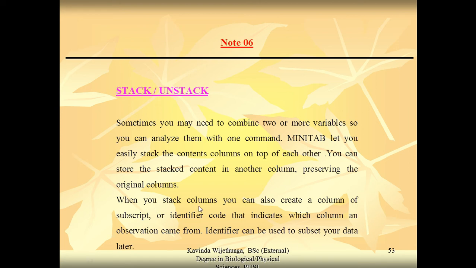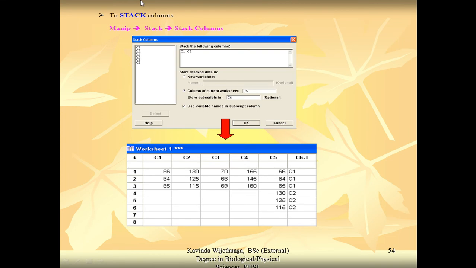When you stack the columns, you can also create a column of subscripts or identifier codes that indicates which column an observation came from. The identifier can be used to subset your data later. So then stack, you can use stack columns.